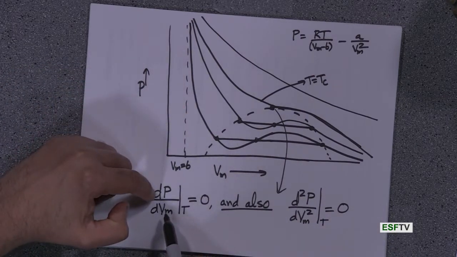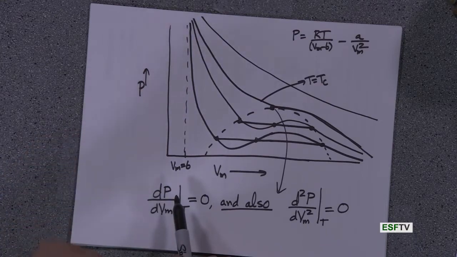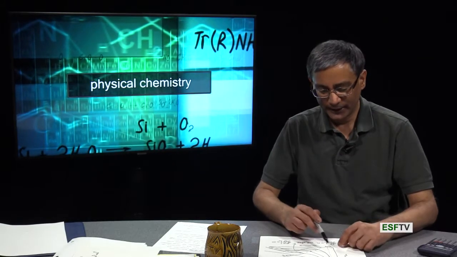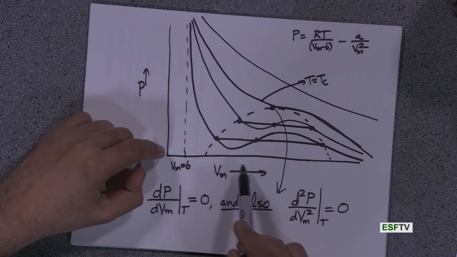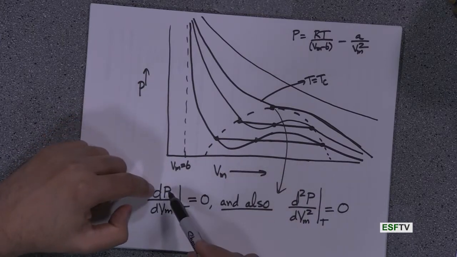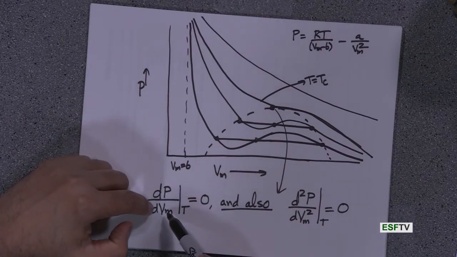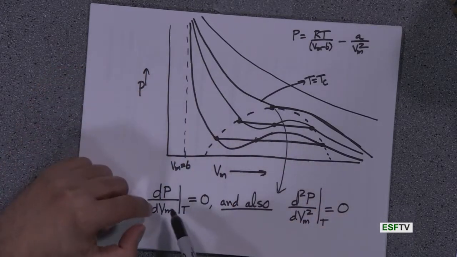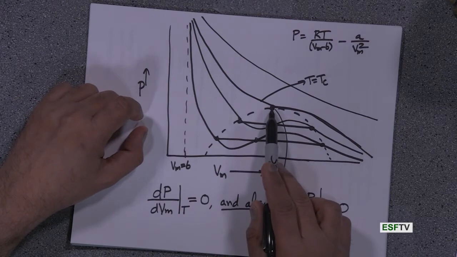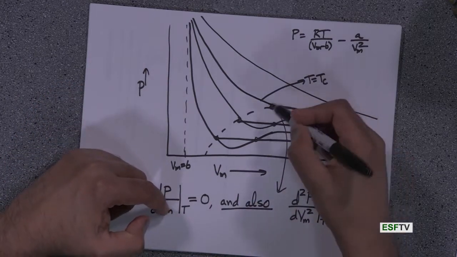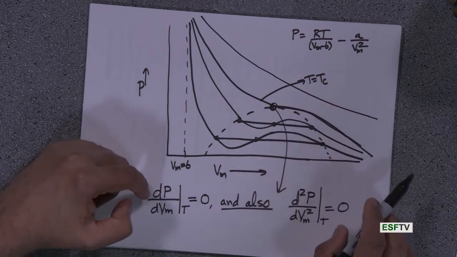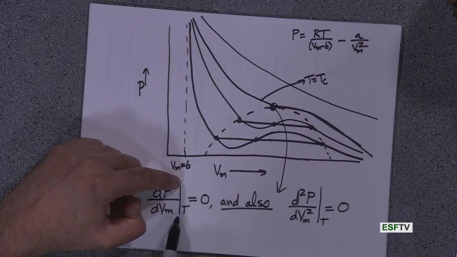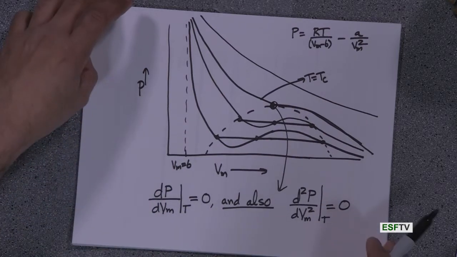dP over dV molar: we know that dy over dx is the slope. Here the y variable is pressure, the x variable is molar volume. So d of P with respect to d of V molar is the slope of one of these curves. At this point, the slope of the curve is 0. What about this vertical line with a T at the bottom?